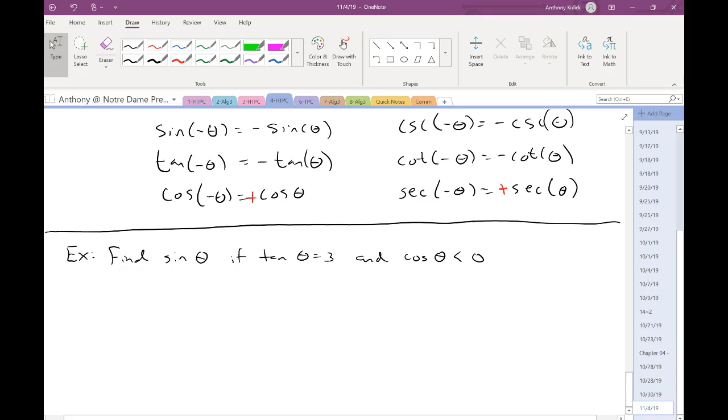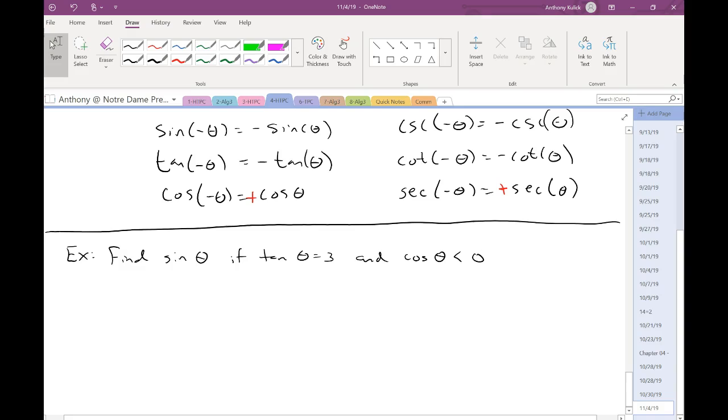I could use an inverse function to find the value of theta, and then use the fact that cosine is negative to figure out which spot in the unit circle I'm looking at, and then plug that answer in to find the sine of theta. The drawback to that is you don't get an exact answer. You're going to need to use your calculator, because tan theta equal to 3 is not a unit circle value for tangent.